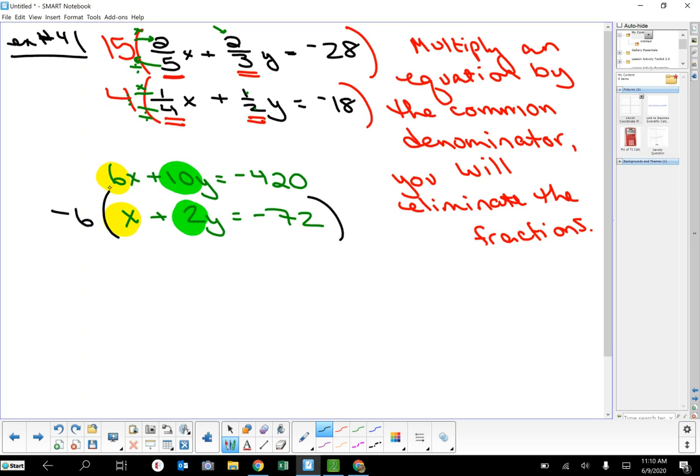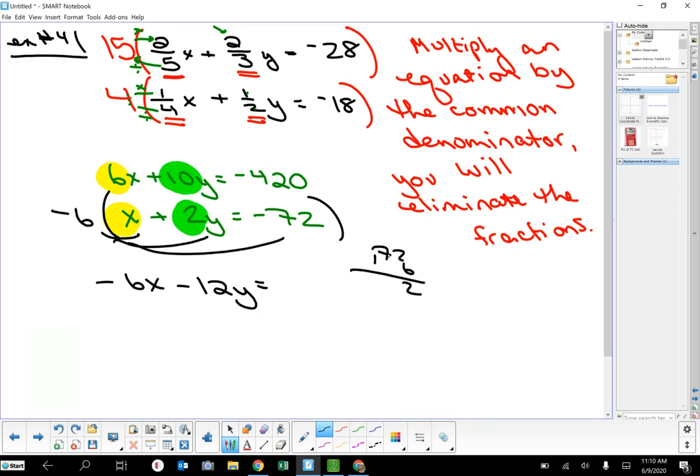Okay, so I'm going to multiply the bottom one. So I'm going to get a negative 6x minus 12y and 72 times 6, 12, 42, 43. Okay, it's 432 and a negative times a negative is a positive.